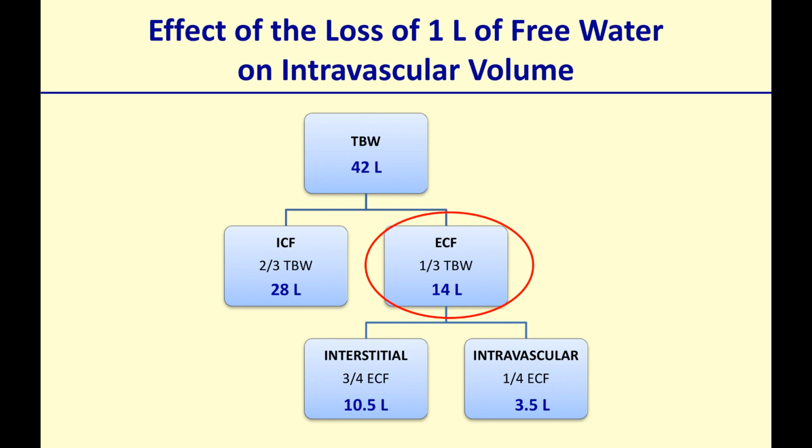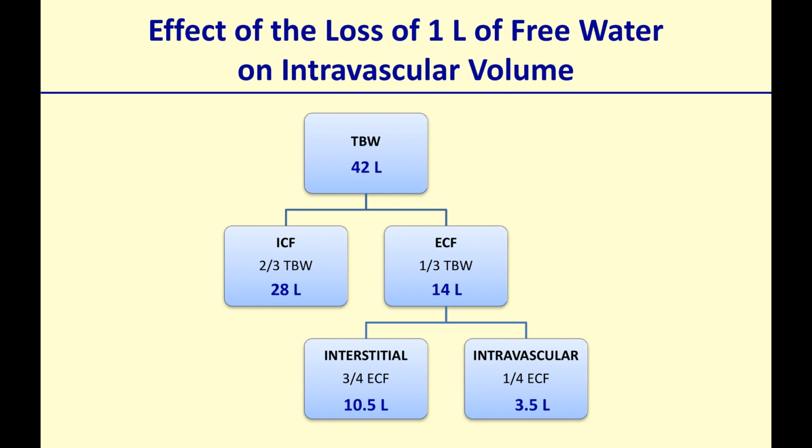Of those 14 liters in the extracellular compartment, 3/4 will be interstitial, that is 10.5 liters, and 1/4 will be intravascular, that is 3.5 liters.